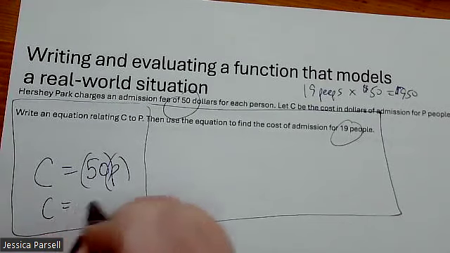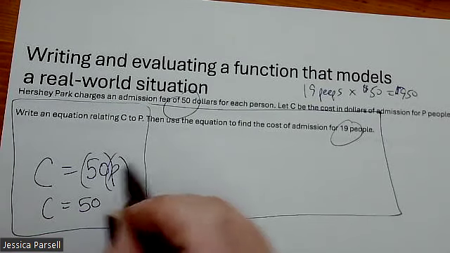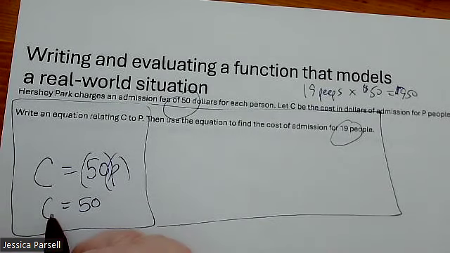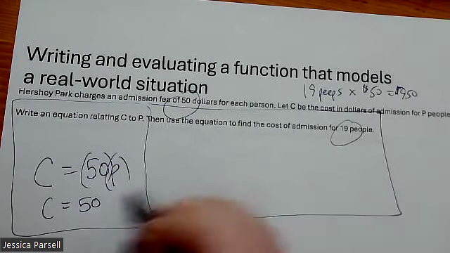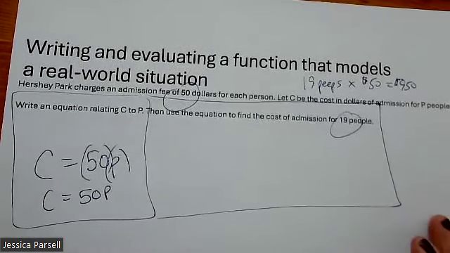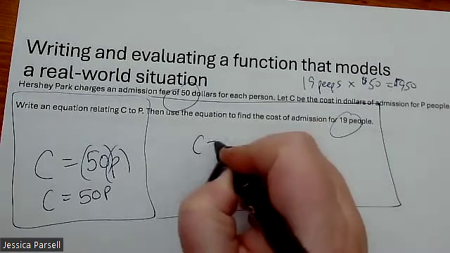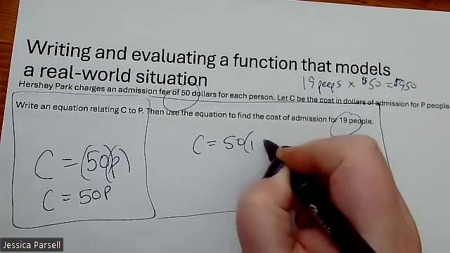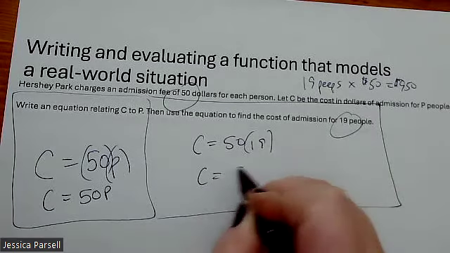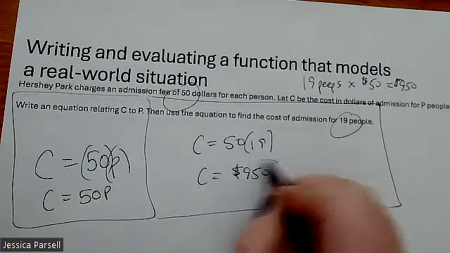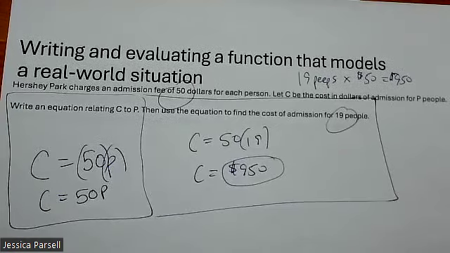So they probably want it nice and clean like this. And if they're using capital letter C, use capital C. If they're using capital P, use capital P. And then if you were to use this cost equation, you would just say, well, cost is 50 times 19, so the cost of admission is $950. So that's what they're looking for.